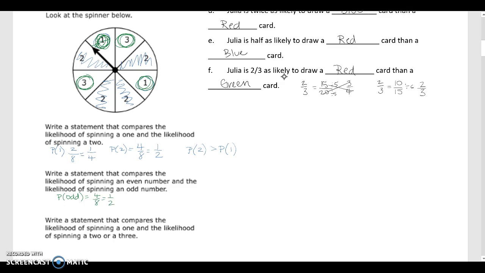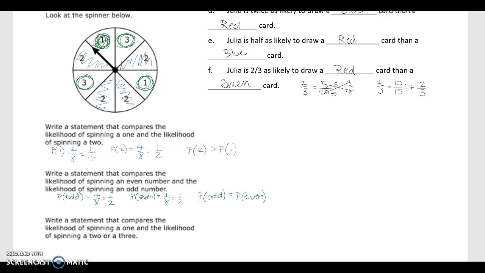Which is 1/2. And then even is 4 out of 8, right? It's all the 2s, it's 1/2. So the probability of an odd is equal to the probability of an even number.